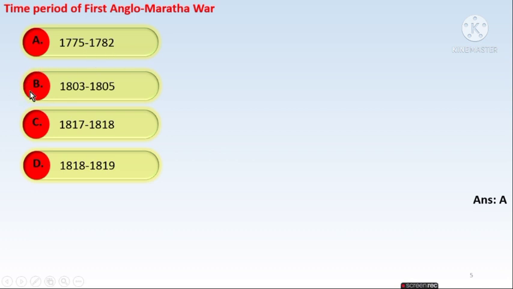The time period of the second Anglo-Maratha war is 1803 to 1805, and for the third Anglo-Maratha war it is between 1817 to 1818. Therefore, the time period for the first Anglo-Maratha war was between 1775 to 1782. Option A is the right answer.